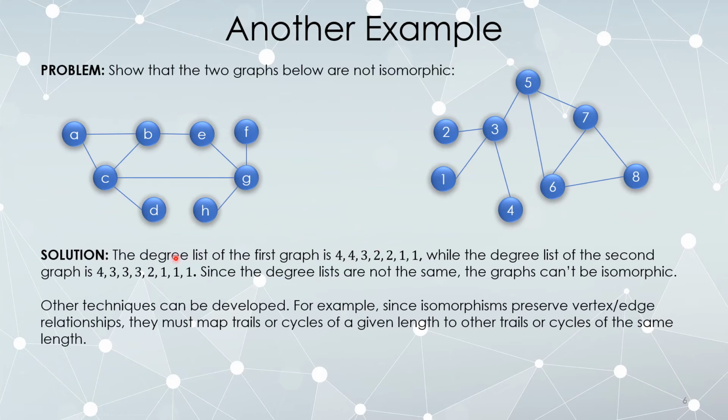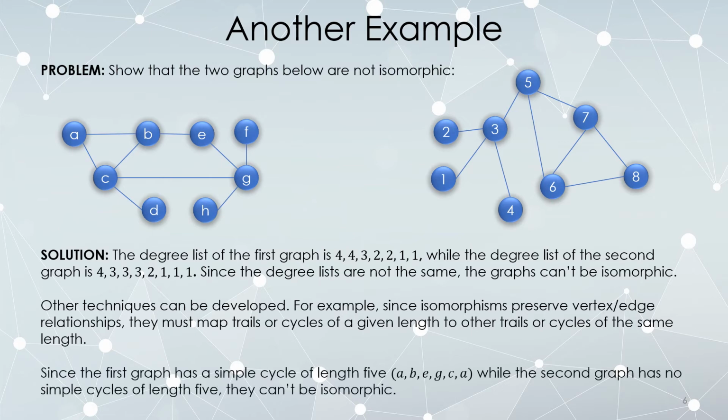Degree list is very quick to check, but if two graphs have the same degree list, you might have to look more specifically at things like, are there cycles of a given length, how many, how do they overlap, and so forth. Another property of these two things, the one on the left has a simple cycle of length 5, A to B to E to G to C to A. 5 edges, 1, 2, 3, 4, 5, that close up on themselves.